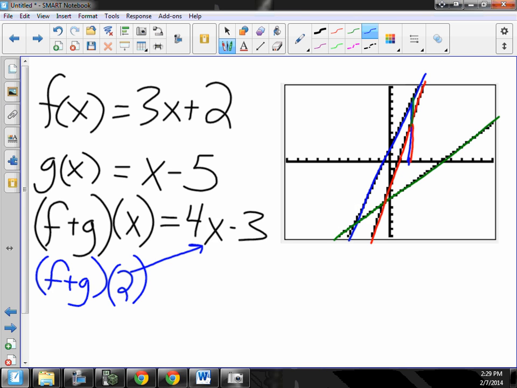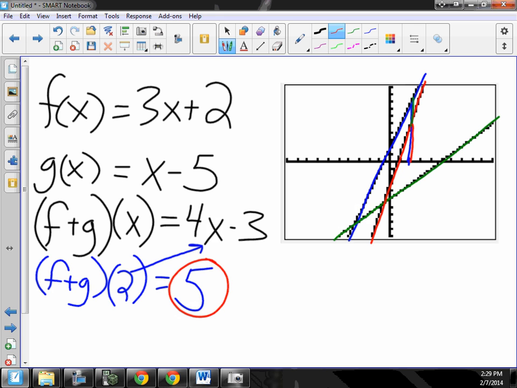So 4 times 2 is 8, minus 3 is 5. In theory, I should be able to do the same thing in the other two functions and get the same answer. So this 5 represents the red mark on the graph. It's 5 units high.